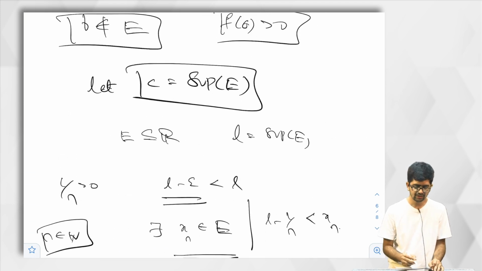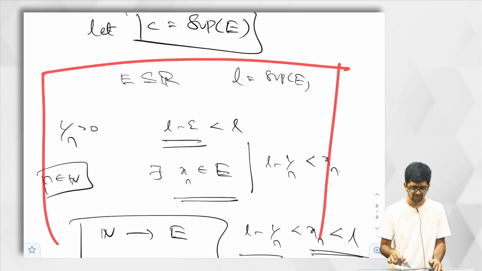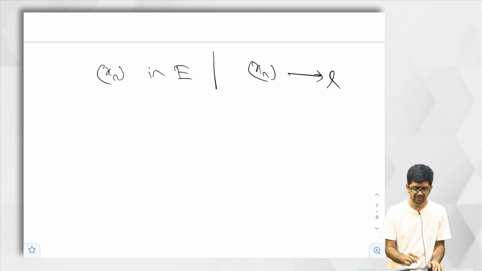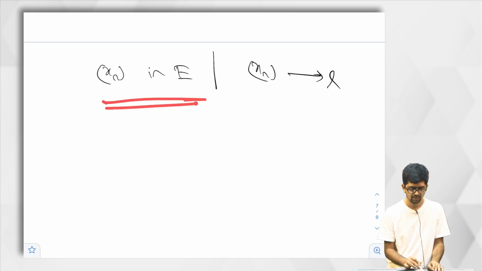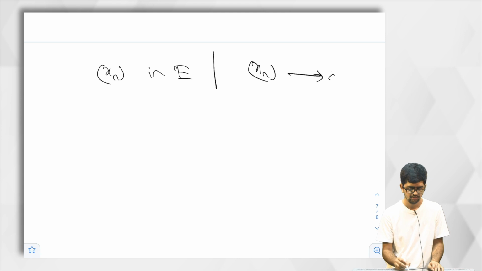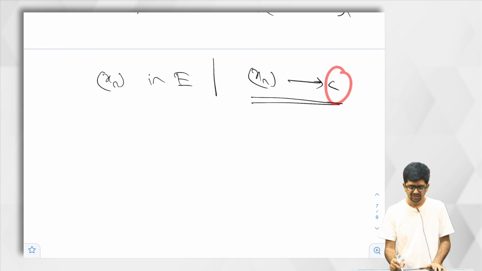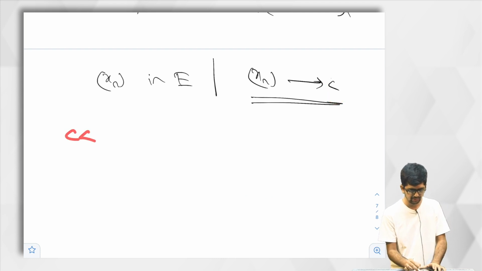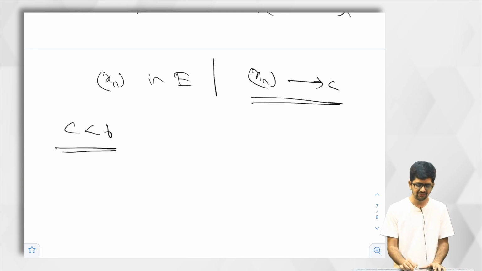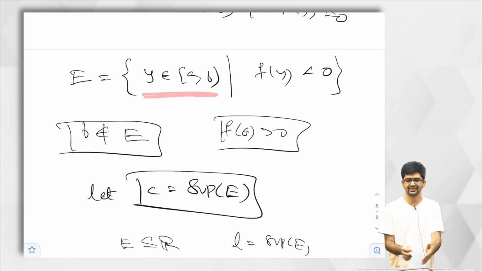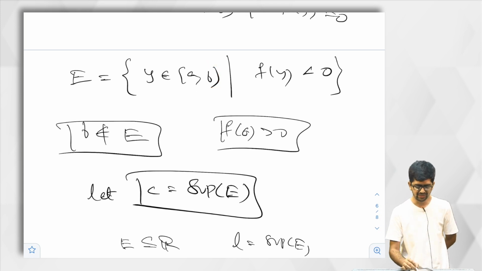We got an element C that is the supremum of E. Using this result, what we get is the following: x_n belongs to E such that x_n converges to the supremum, which we are writing as C. This C is actually less than B. What we have is, for every element in E, this is less than B, and so this is what we have. Let me write this down clearly.